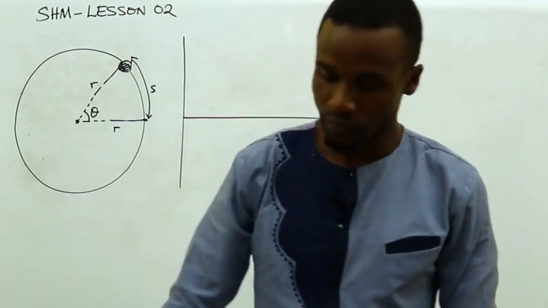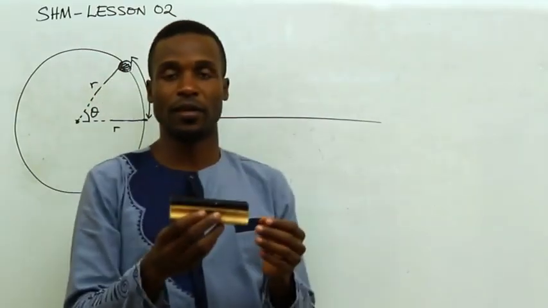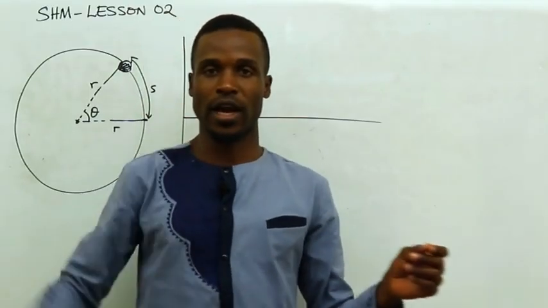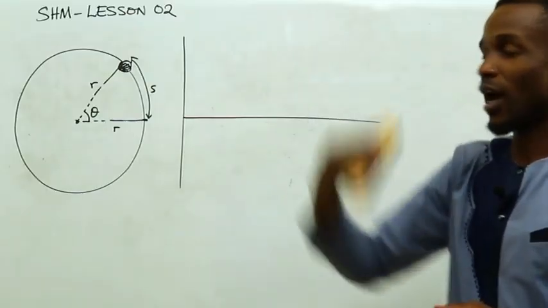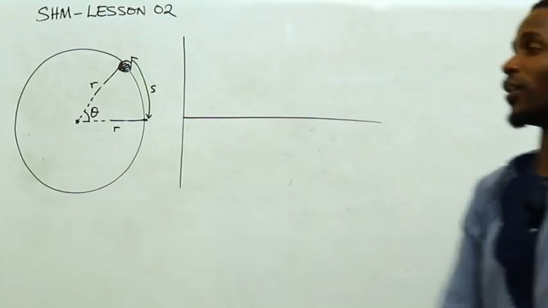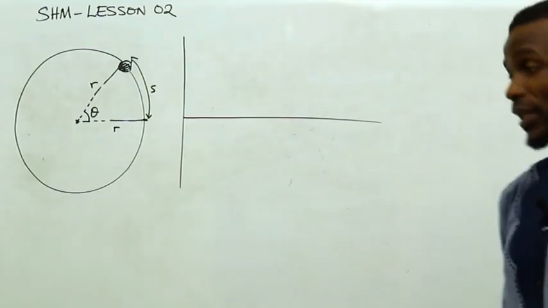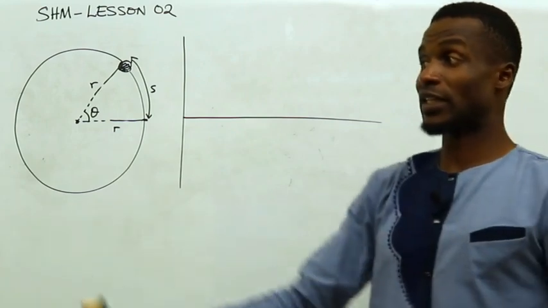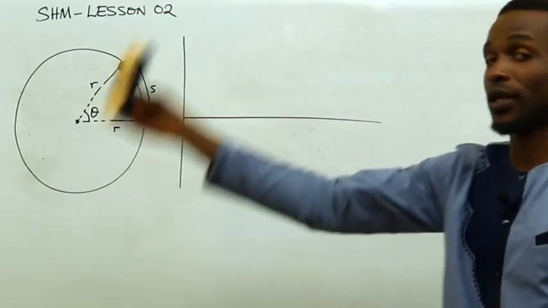Supposing this is a duster, and I'm moving it in a circular path, and then someone comes this way and looks at it from this side. I will just see it moving up and down, but it is executing circular motion. When I see from this side, I see it just moving up, then down, up and down.